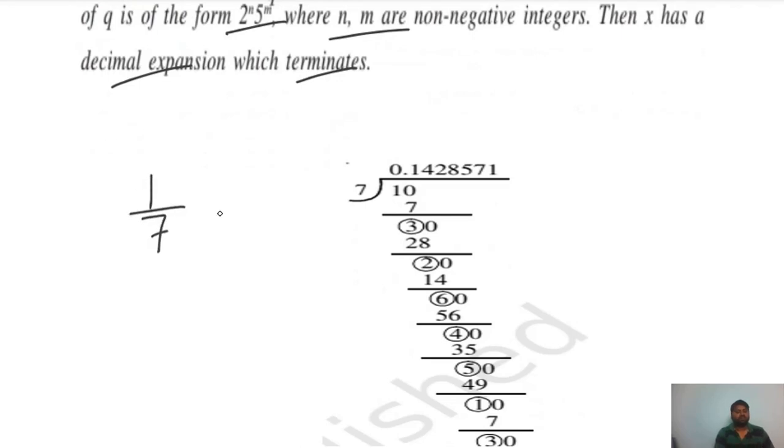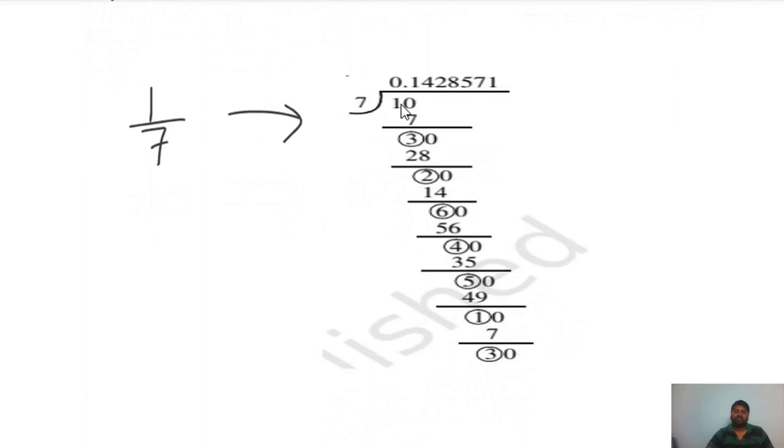1 by 7. When we divide 1 by 7, we get this form. Since 1 is smaller than 7, we take a decimal point. So there is 0, then we divide 7 into 10, and we get remainder 3, and so on in the corresponding way.